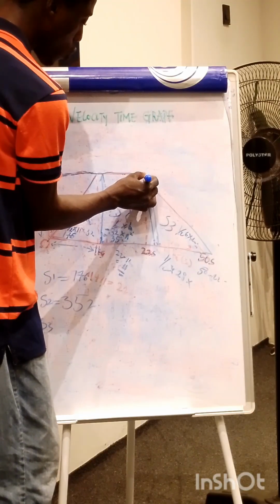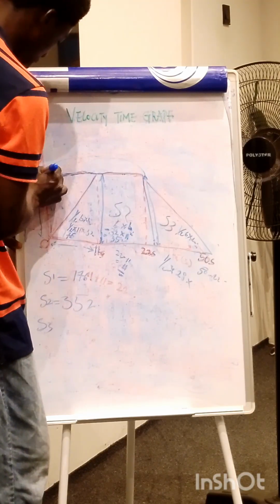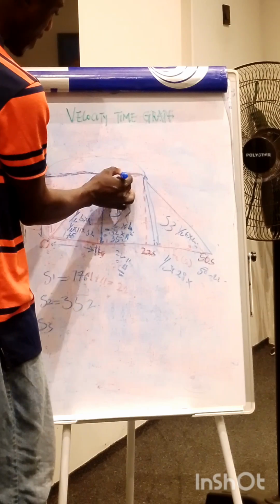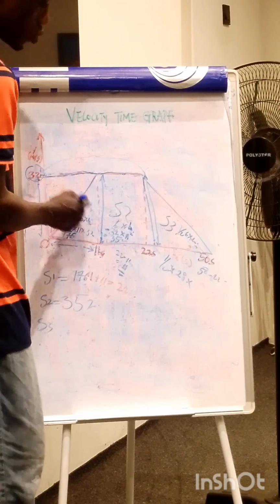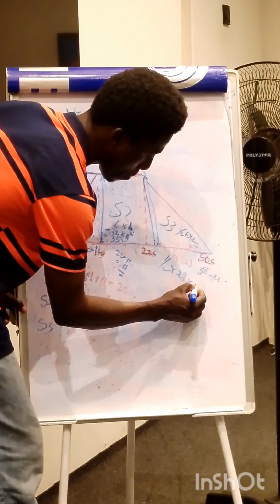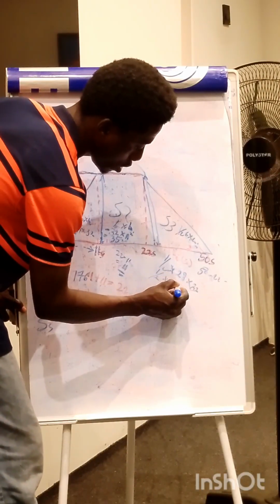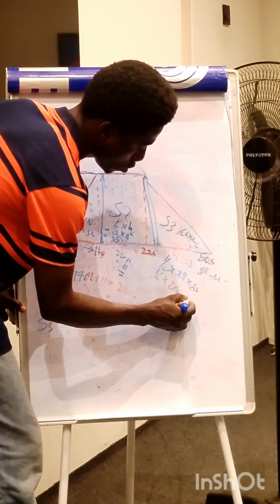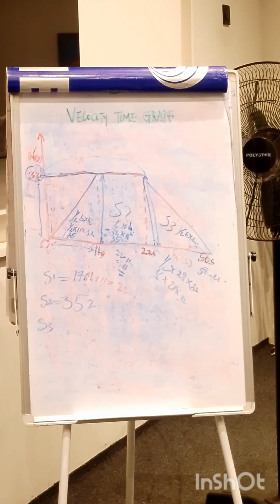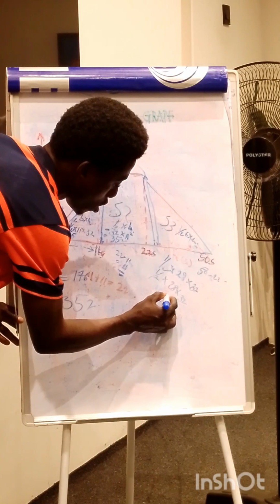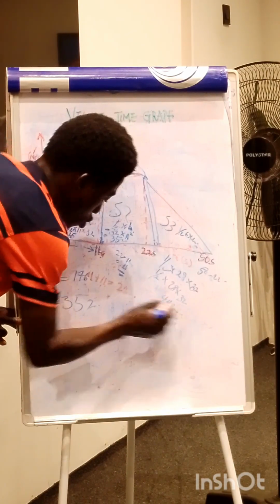You have to trace it to where the number is, so you have 32 sharp. So 1 divided by 2 multiplied by 28 multiplied by 32. Press your calculator. What is your answer? You should have something like 448 meters. So your S3 is 448.